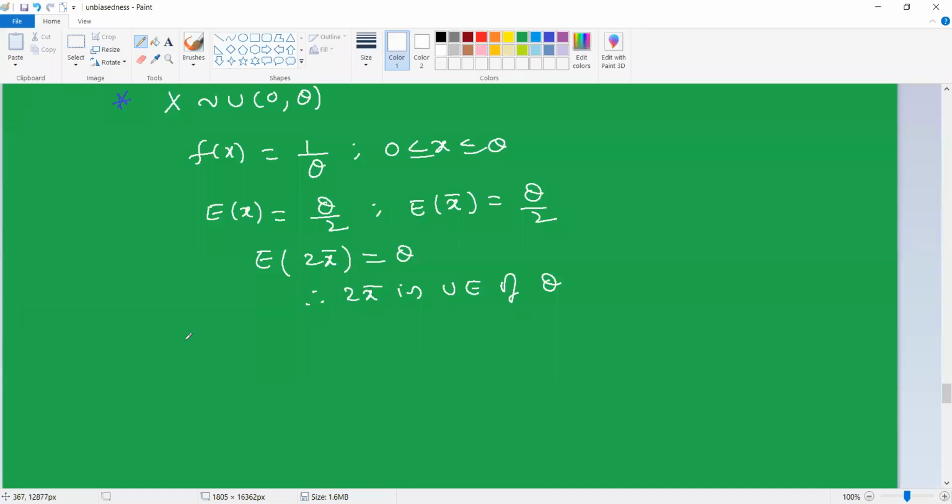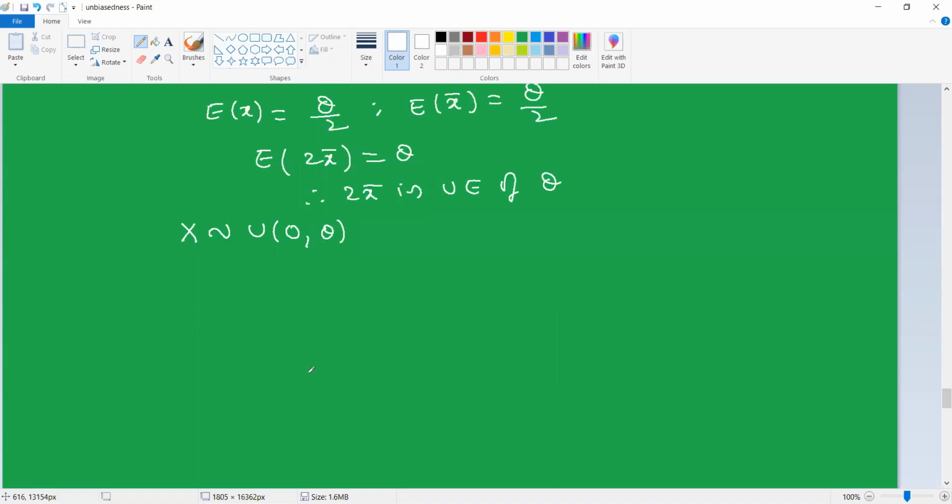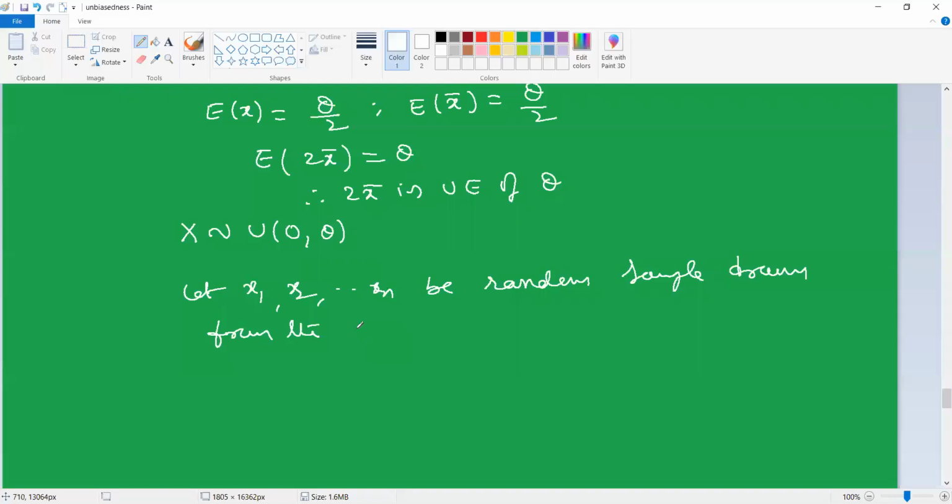Now one more example, based on order statistics. X follows uniform distribution 0, comma theta. Now let x1, x2 and so on, xn be a random sample drawn from the above population.